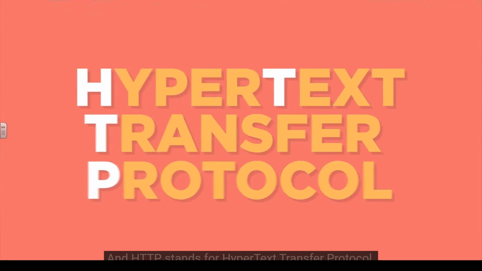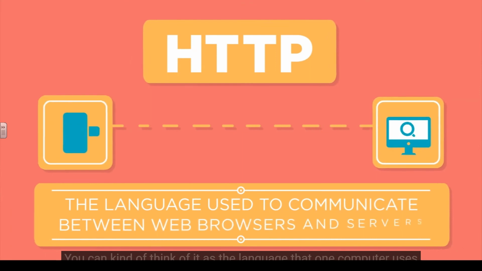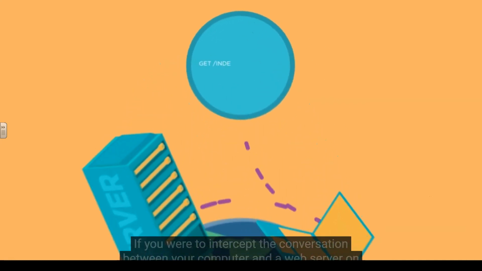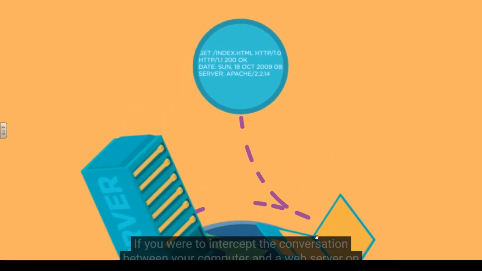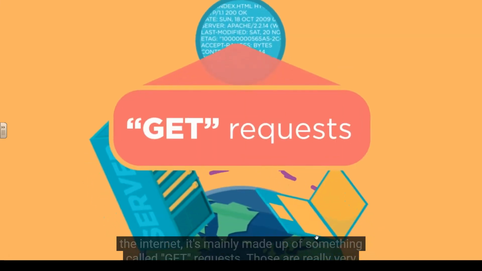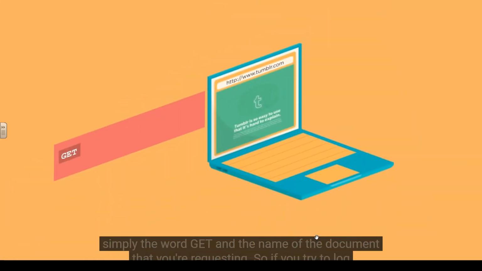And HTTP stands for Hypertext Transfer Protocol. And you can kind of think of it as the language that one computer uses to ask another computer for a document. And it's actually really pretty straightforward. If you were to intercept the conversation between your computer and a web server on the internet, it's mainly made up of something called GET requests. And those are really very simply the word GET and then the name of the document that you're requesting.